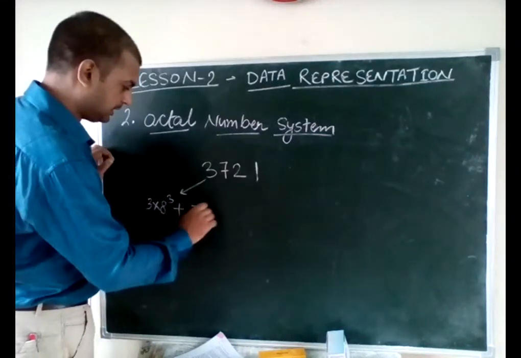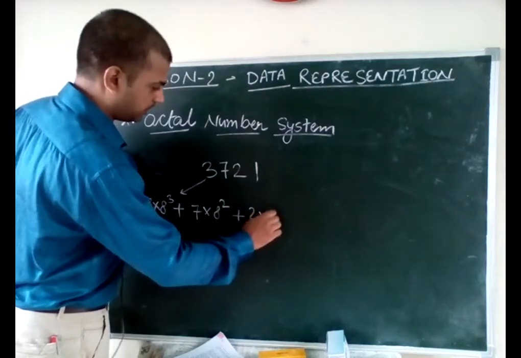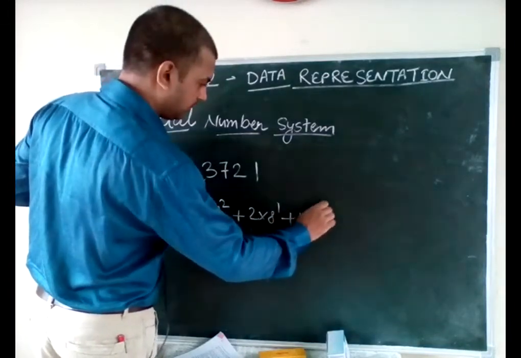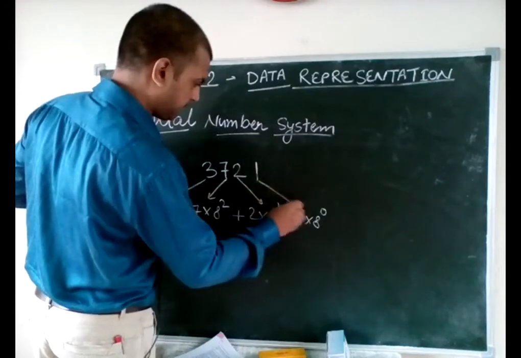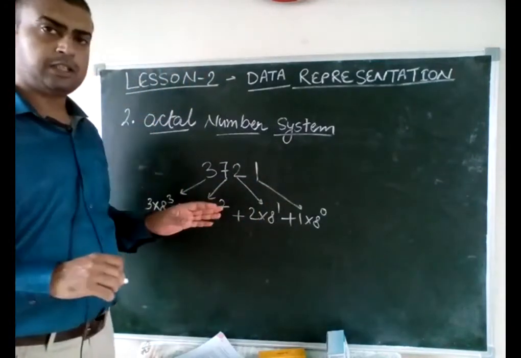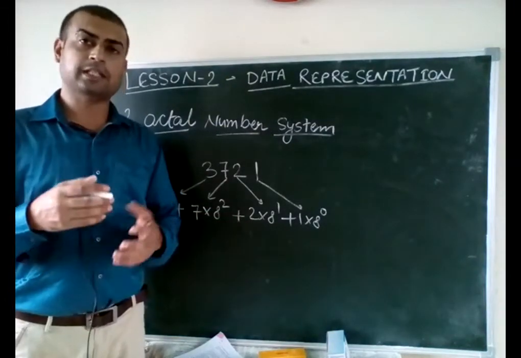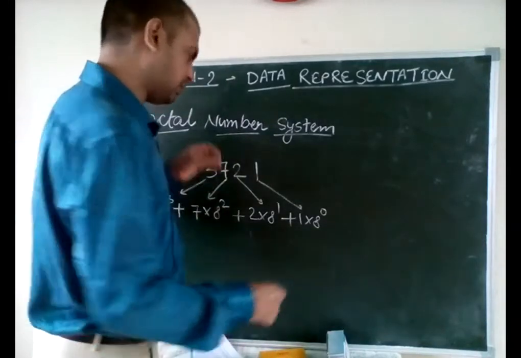Plus 7 into 8 to the power 2 plus 2 into 8 to the power 1 plus 1 into 8 to the power 0. This is the representation.